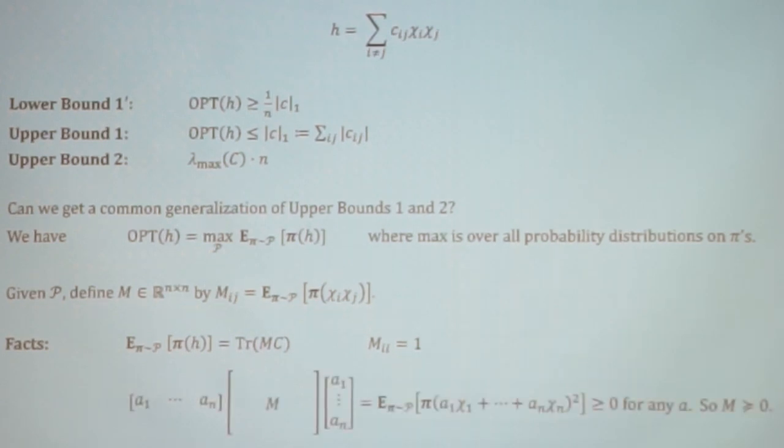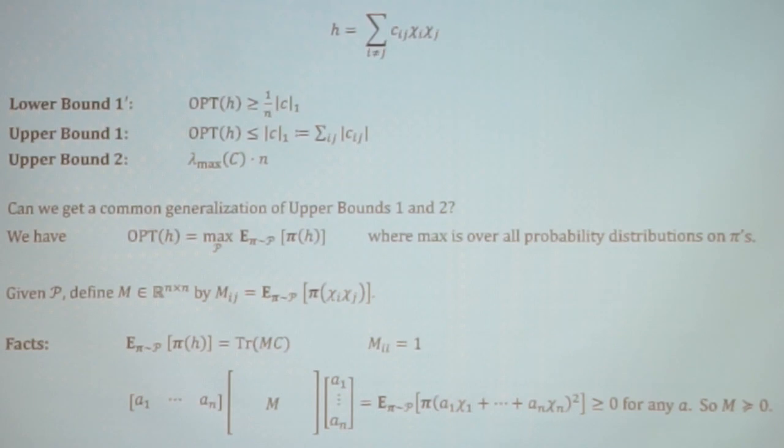And finally, there's this further observation that for this matrix M, just let a1 through an be any real numbers and look at this quantity. Well, for reasons similar to what we saw in the previous slide, and by the definition of M, this expression equals the expected value, when pi is drawn from this distribution, of the square of this linear form, sum of a_i chi i.